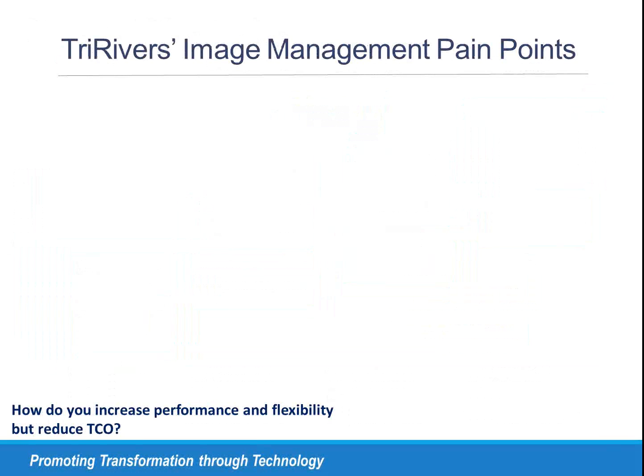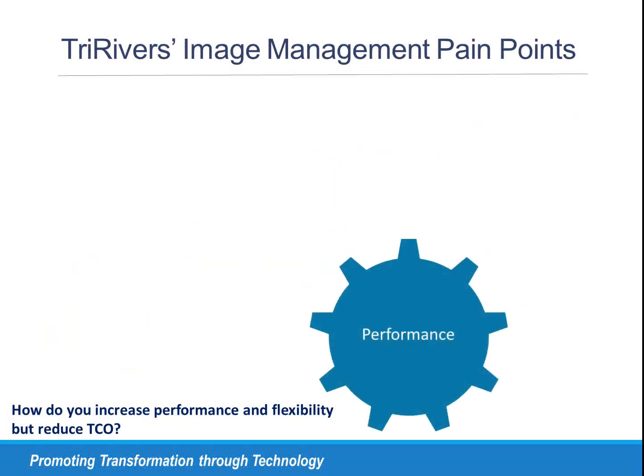So some of our image management pain points, what we were trying to do, obviously, was increase the performance and flexibility of how we manage images, primarily related to PACS at the time, but how do we reduce the total cost of ownership associated with that?